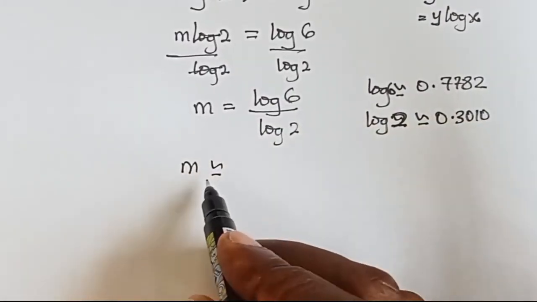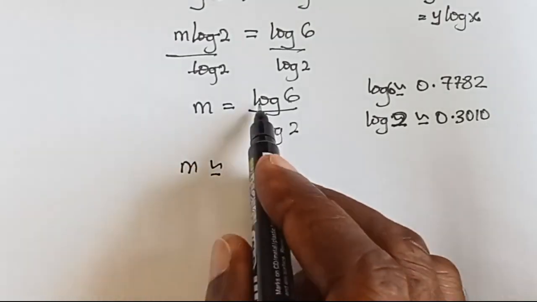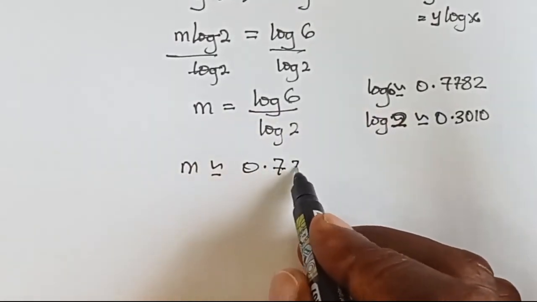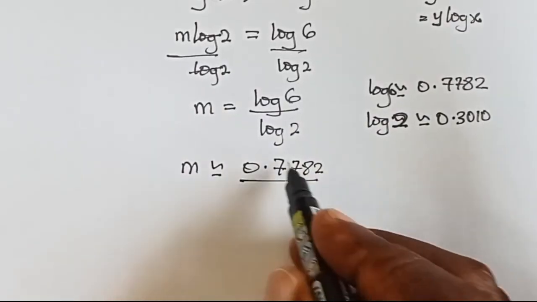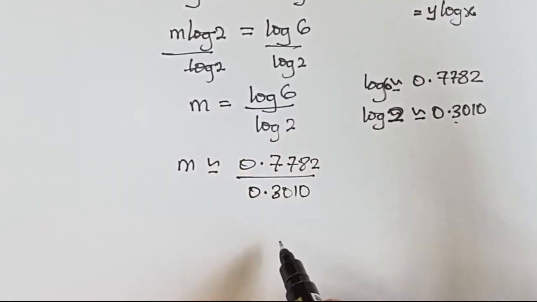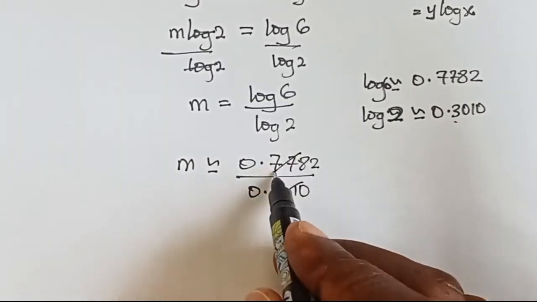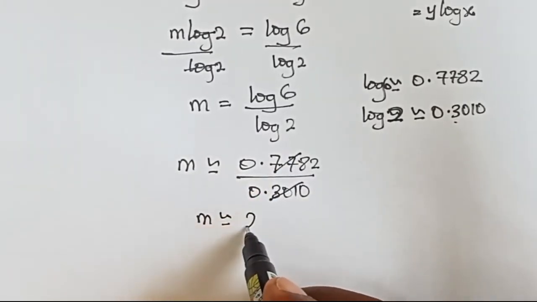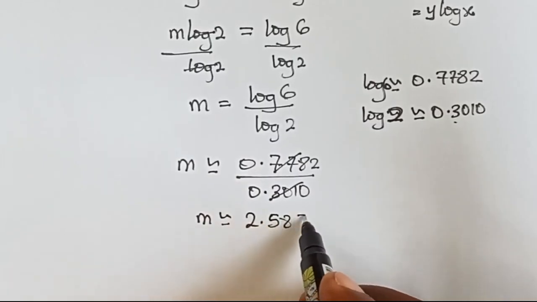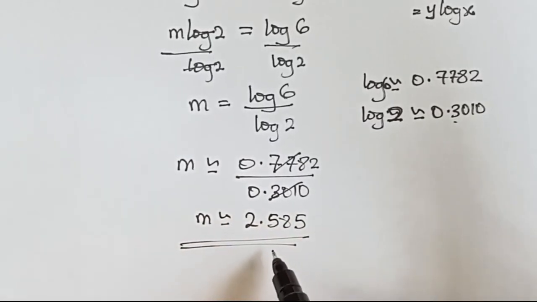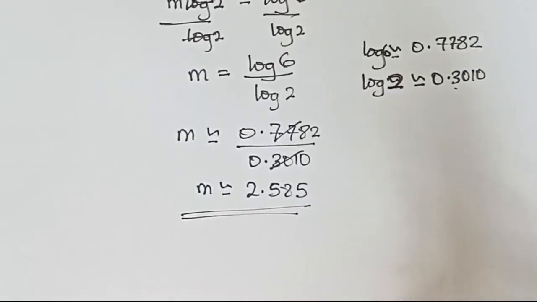So it means m is equals to log 6 is 0.7782 over log 2 is what? 0.3010. Right, so dividing this, what we have is 2.585. So m is approximately 2.585.